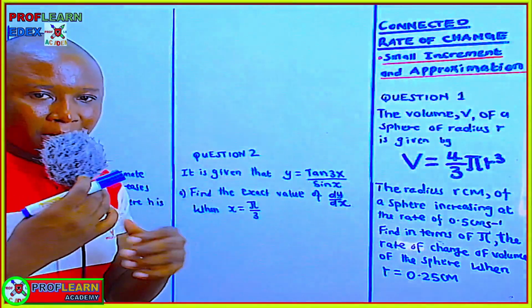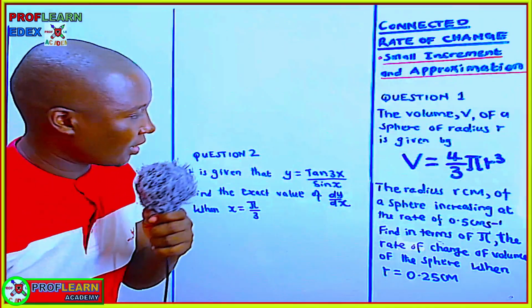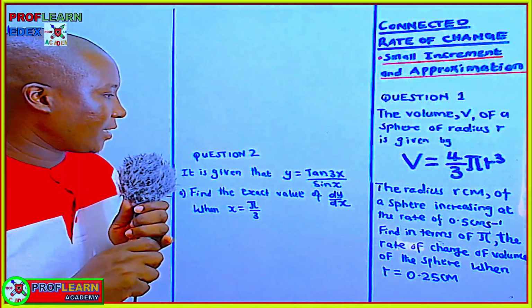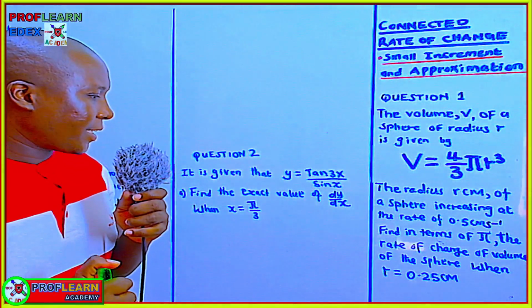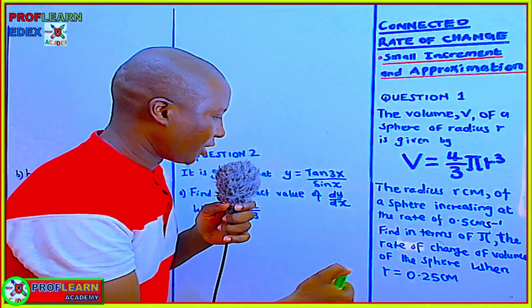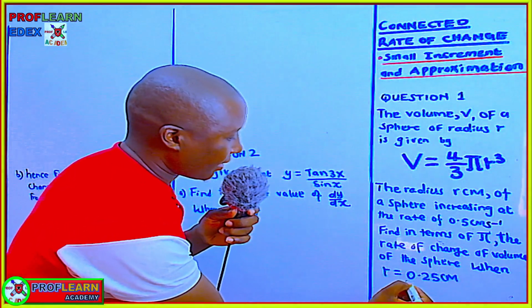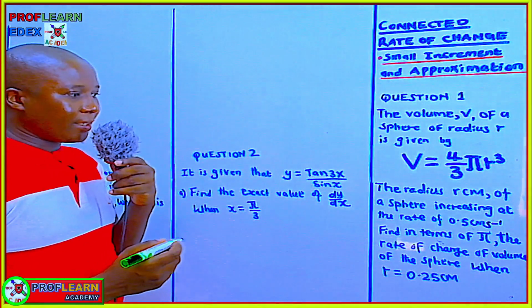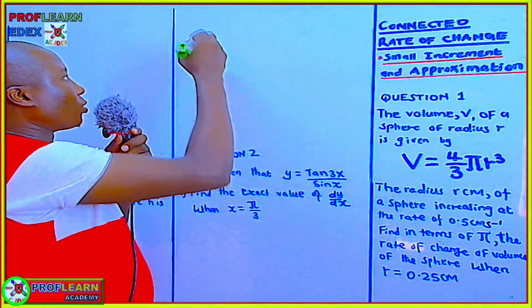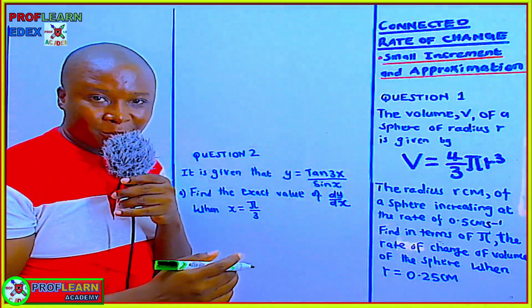So focusing back to the question that we are given here, we are supposed to find, in terms of pi, the rate of change of the sphere when the radius is this. Number one, we are going to work out what we are given in this question.